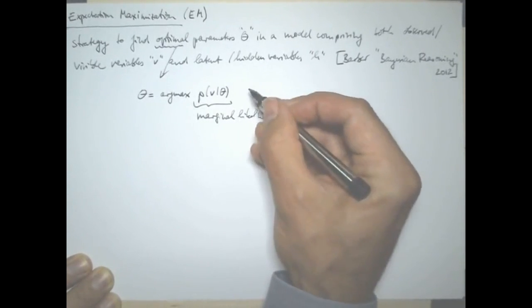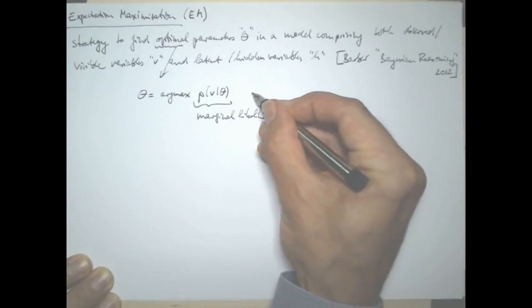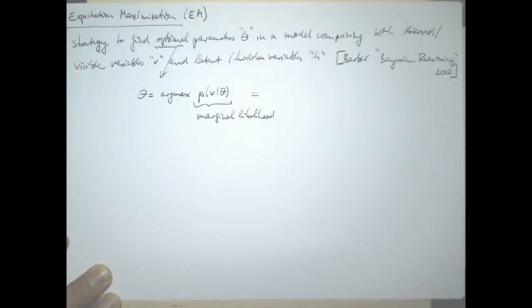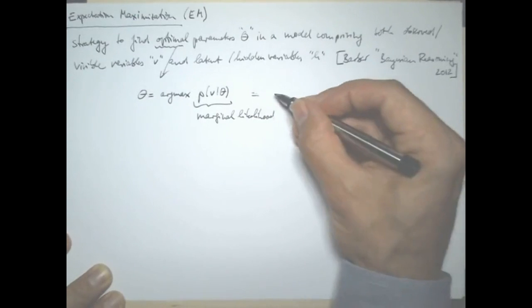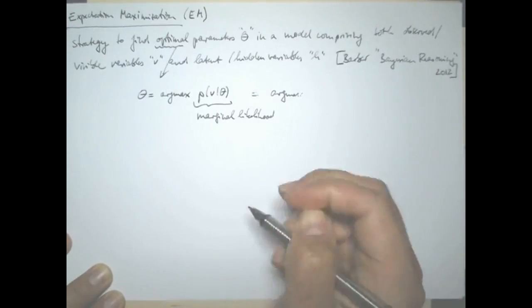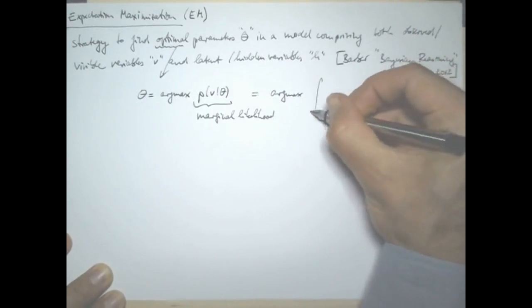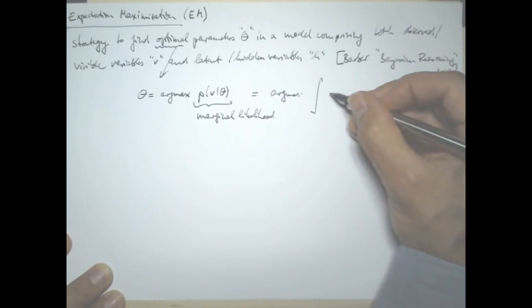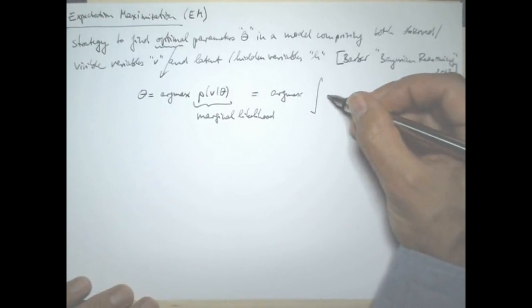However, we have a model that involves both the visible and hidden variables. So I can obtain the marginal likelihood by integrating out. I'm here assuming that the hidden variables are continuous, so I'm putting an integral and not a summation sign.